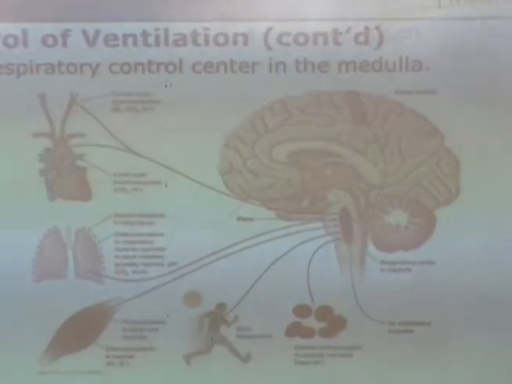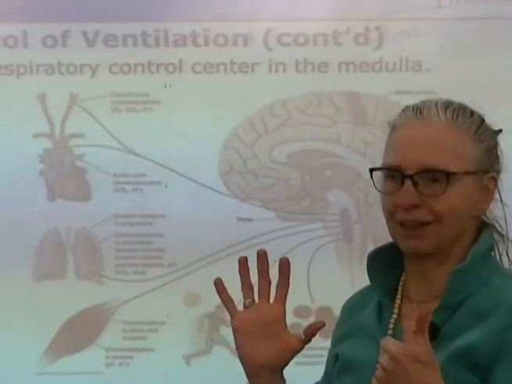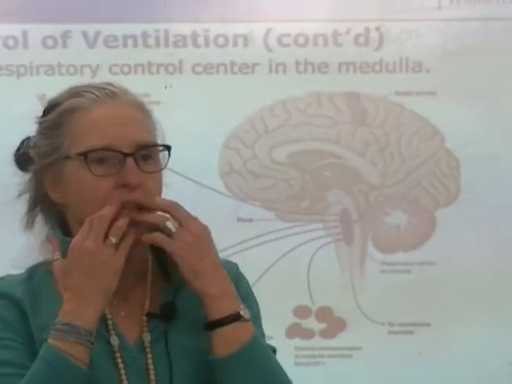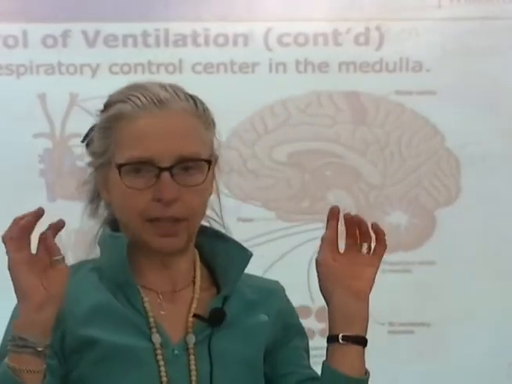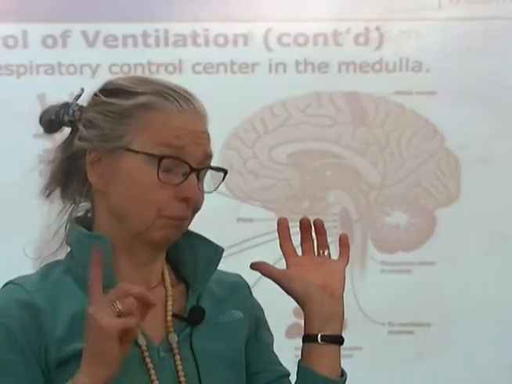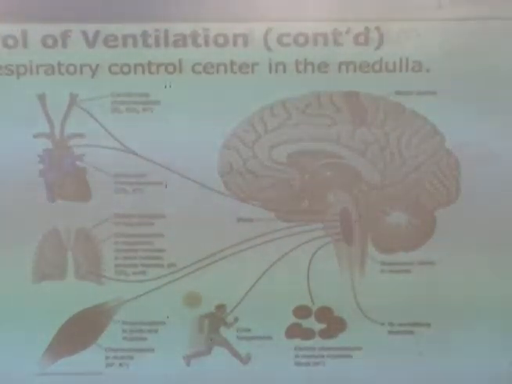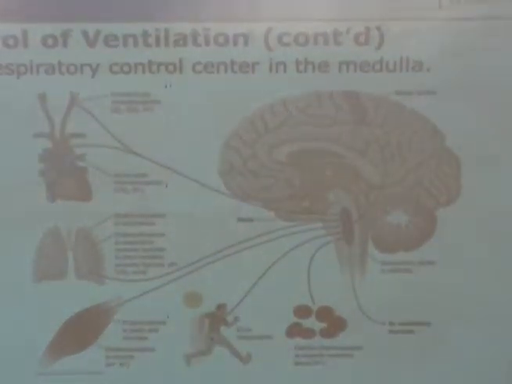Has anybody hyperventilated before? It's very uncomfortable, right? Your lips start tingling, your fingers start tingling, and then you stop breathing. It's very scary. We'll come back to that in a minute. So you don't want to be using this technique with beginners, all right?